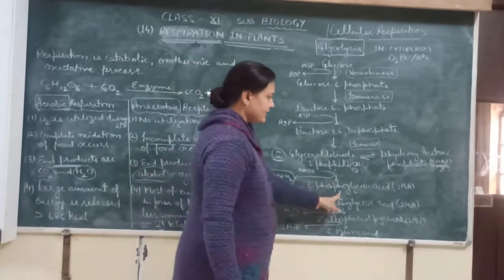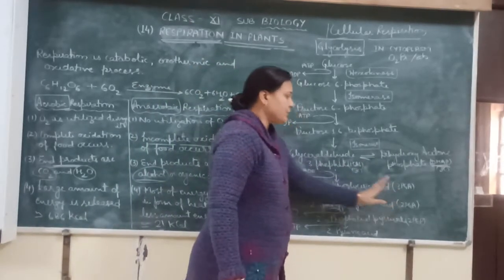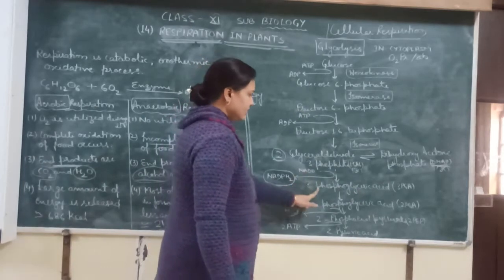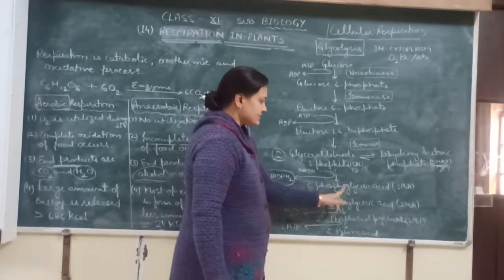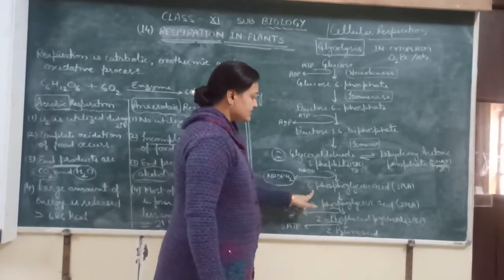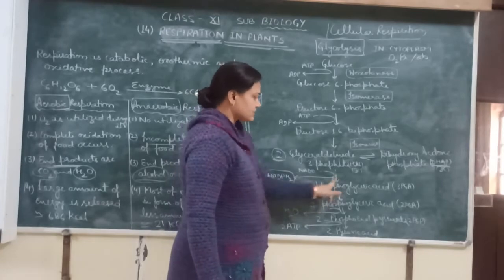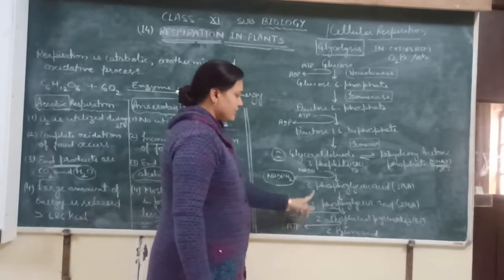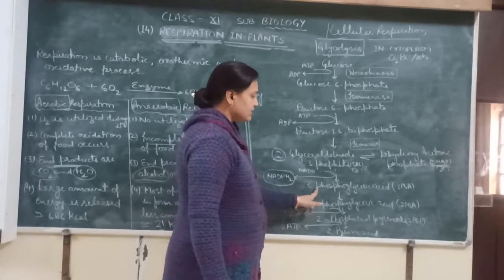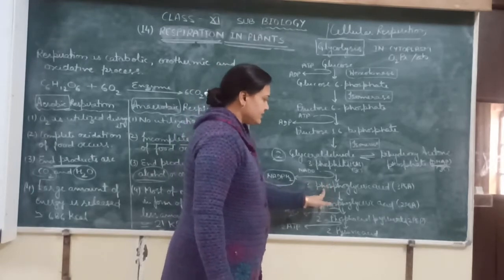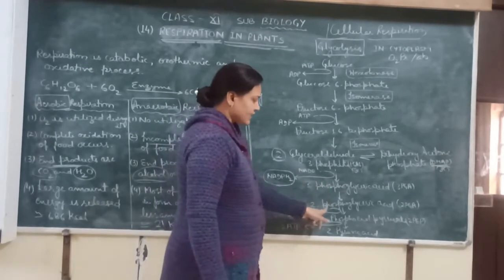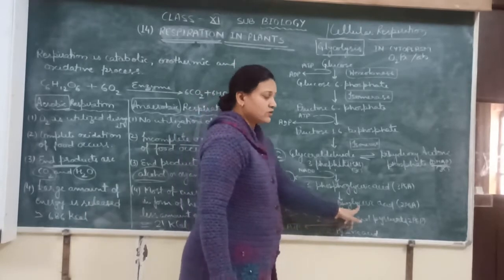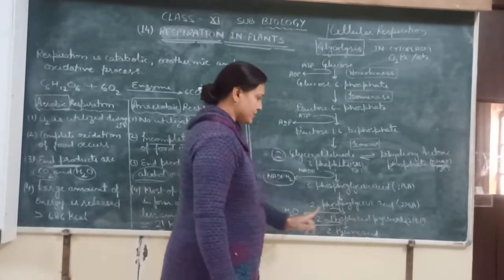Then in the next step 3-PGA is converted into 2-PGA, means in 3-phosphoglyceric acid at the third carbon the phosphoric acid is attached, but from this third carbon the phosphate is shifted to the second carbon, so it is known as 2-phosphoglyceric acid, that is 2-PGA.